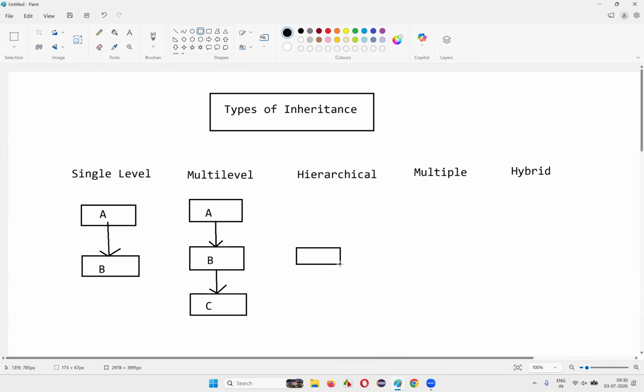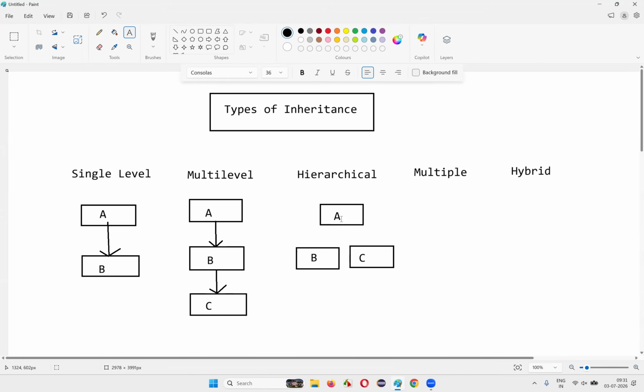For example, there are two classes, class B and class C. Class B is a child class of class A. Here A is a parent of B, and B is a child of A. At the same time, C is also another child of A. So A is a parent of both class B and class C. For both these classes, the same parent is there. This is called hierarchical inheritance.